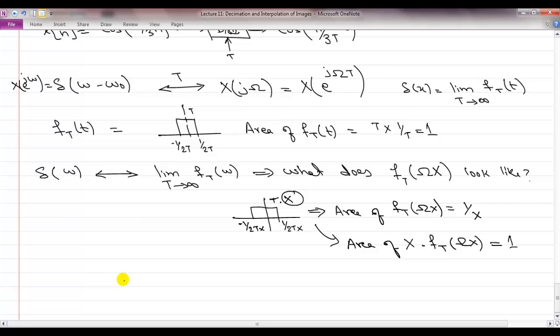That's why the front factor does not appear.